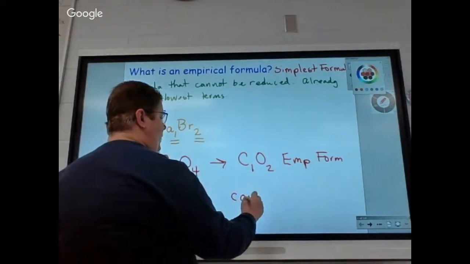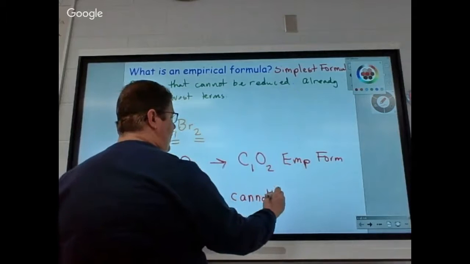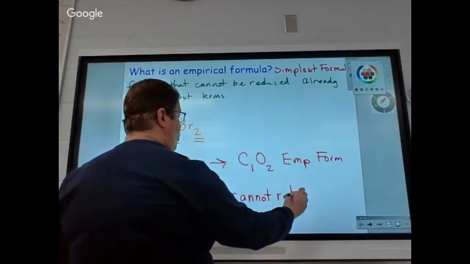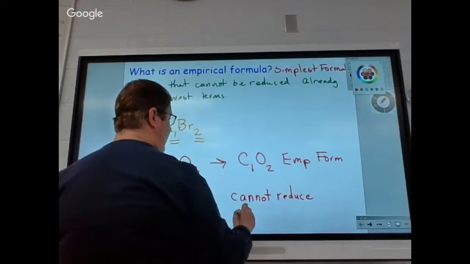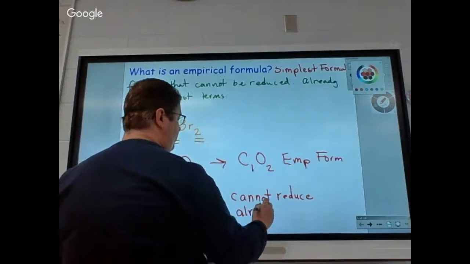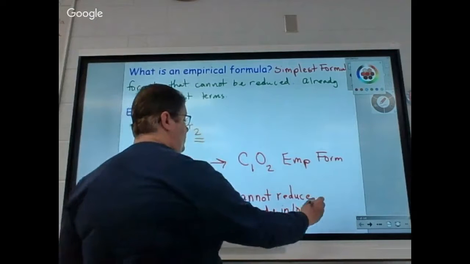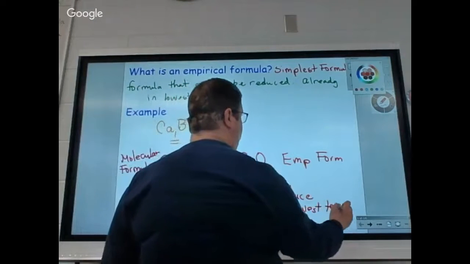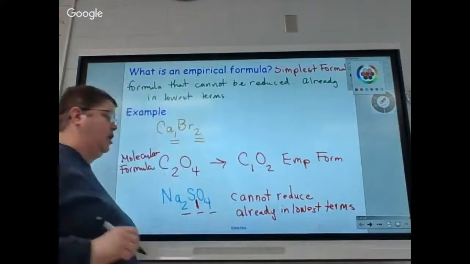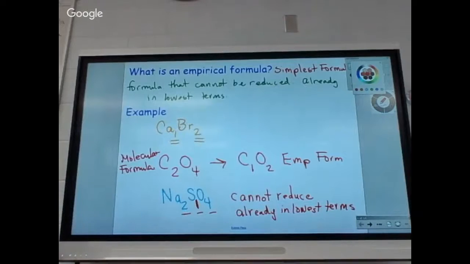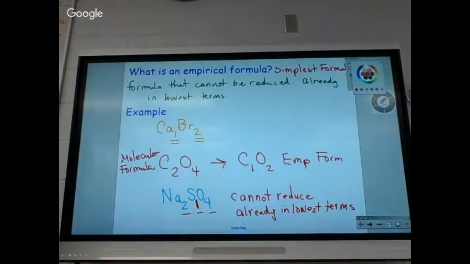Given that all of them cannot reduce, you cannot reduce this formula. It is already in lowest terms. It cannot be reduced any lower than it is because of the S. So 2 of them were already empirical, and 1 of them had to be reduced to get to the empirical formula.